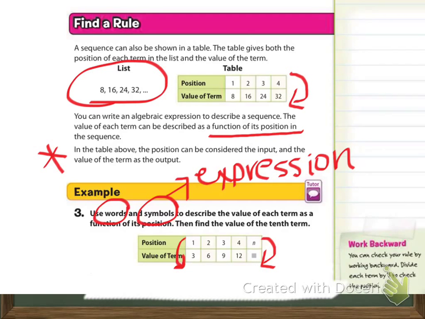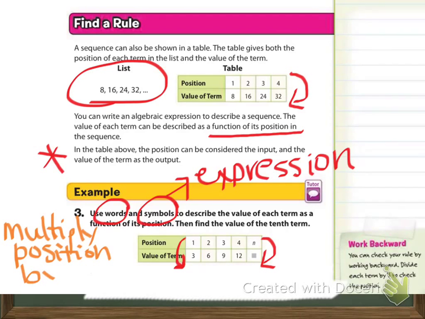Let me try again. 1 times 3 would give me 3. Okay. 2 times 3 would give me 6. 3 times 3 would give me 9. So I think I found my formula. In words, my answer would be multiply the position number by 3. That would be writing it in words.